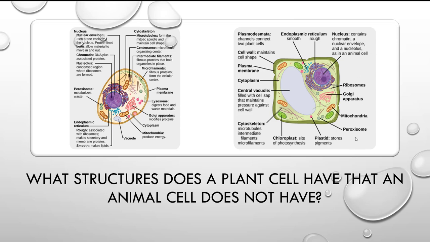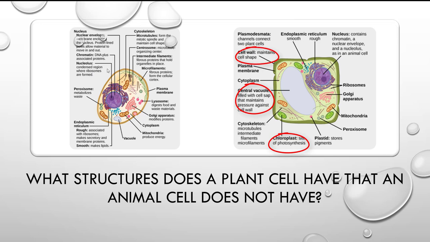One thing I can see right away is the chloroplast. Animals, we don't photosynthesize, right? So we have no need to have chloroplasts. Plants have a chloroplast, we do not. Another thing that we don't have is a central vacuole. We might have little vesicles and maybe even a vacuole, but we don't have a central vacuole. We don't have a cell wall.